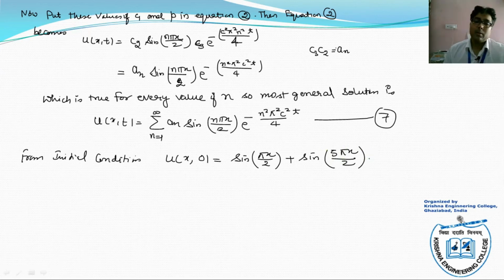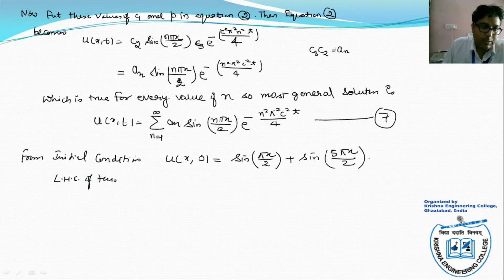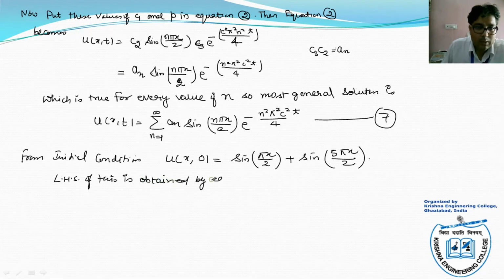Clear? Again the LHS of this is obtained by equation 7 when t is equal to 0. Clear?